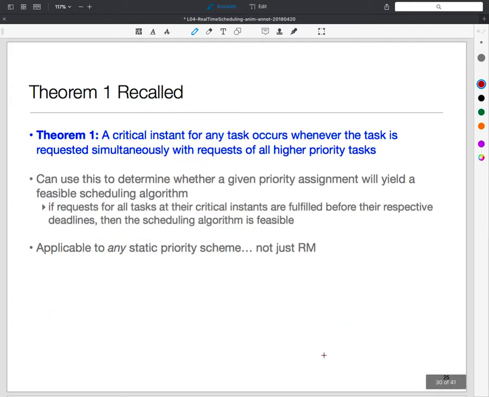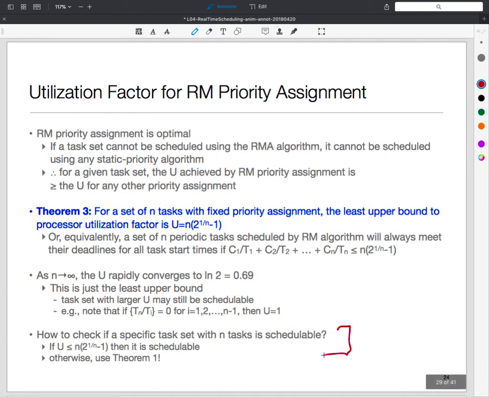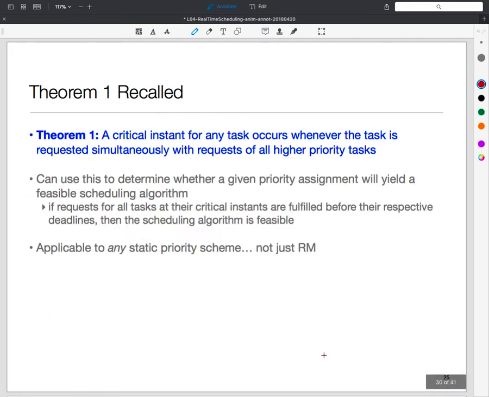So if u turns out to be greater than this value and less than or equal to 1, then I have to use theorem 1, and theorem 1 basically said the critical instant occurs when the task arrives simultaneously with a request for each one of these. So essentially, I'll have to imagine what will happen with the task arriving and simulate the system and see whether that instance meets its deadline or not. And we'll see how you can do that simulation in an algorithmic manner.